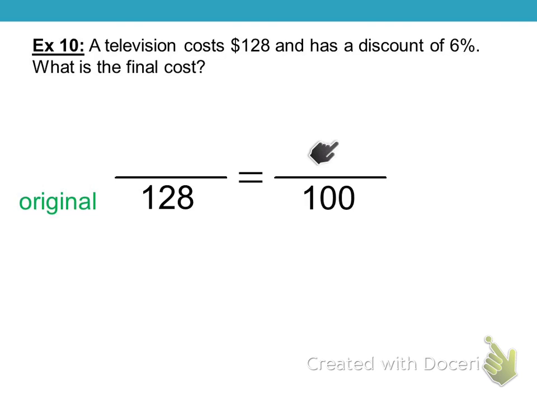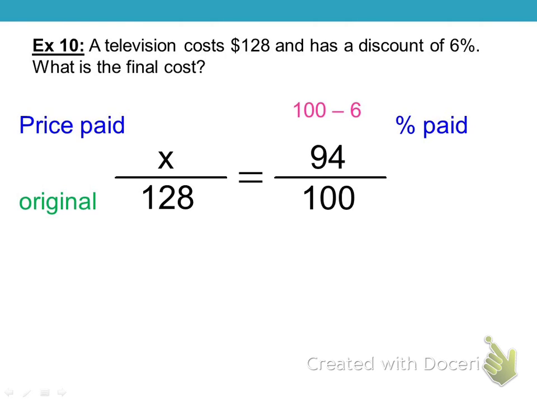So if this is the price paid, this is the percent paid. So you need to have 94 there. Everyone get that? That's the hardest part. Discount you take off. But decide what you're looking for. If it asks you the amount of the discount, you'd keep the 6%. If it asks you the final price, you subtract it to find the percent that you paid.